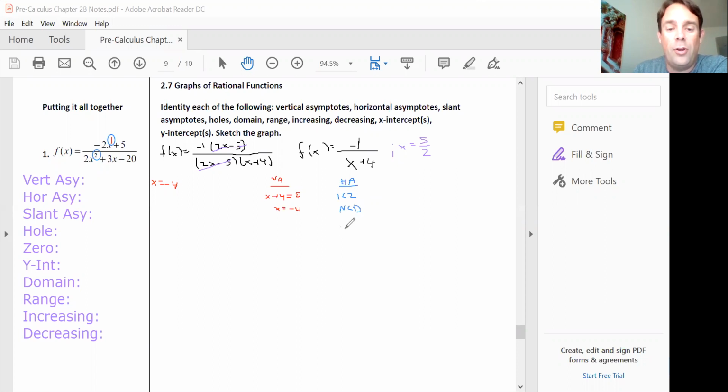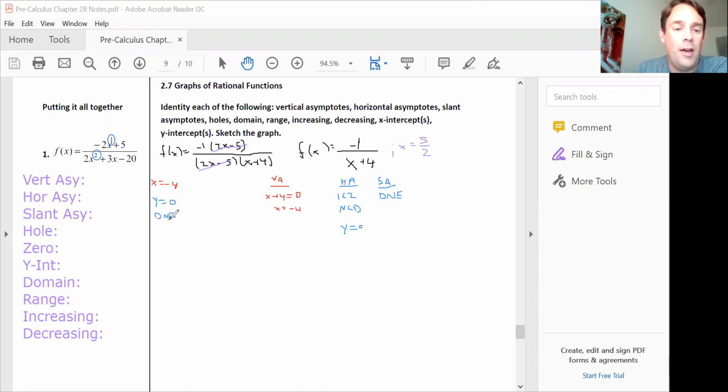So that means my horizontal asymptote is y = 0. And because I have a horizontal asymptote, that means I do not have a slant asymptote. Can't have both, one or the other. So y = 0. And D and E.